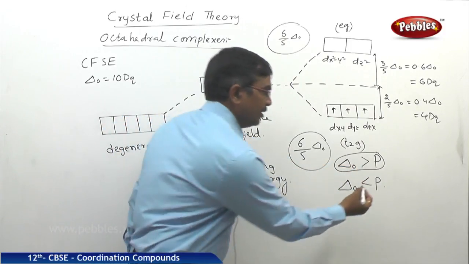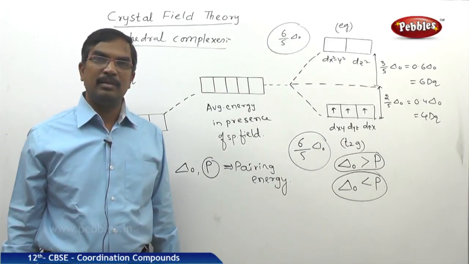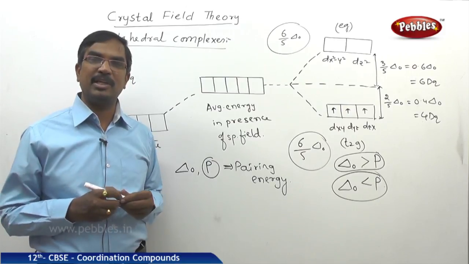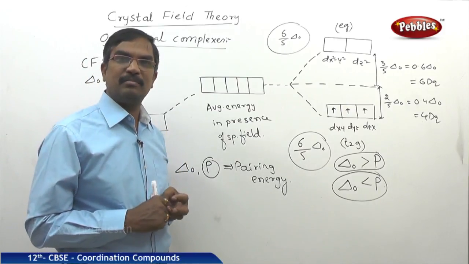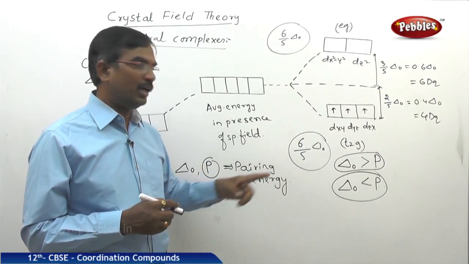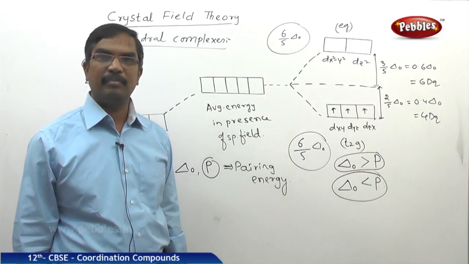In the second case, the pairing energy is higher than delta O. So whenever the pairing energy is smaller, generally the pairing will take place. If the pairing energy is higher, generally the electrons do not pair up.